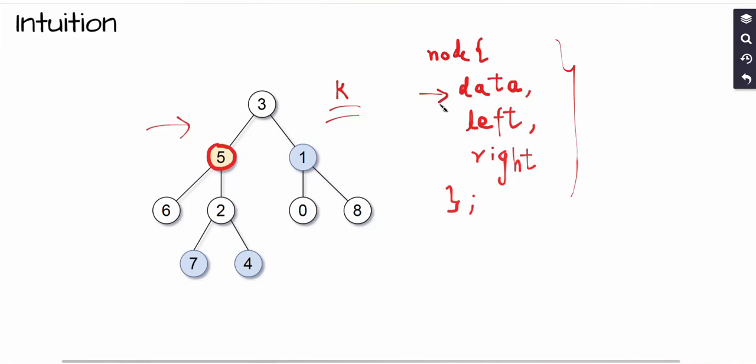For each node we have data in that node, a pointer to the left subtree or the left child, and a pointer to the right child. From each node we can either move to the left node or to the right node. We cannot move to the parent node. Fine. So this is true for all the nodes of this binary tree.